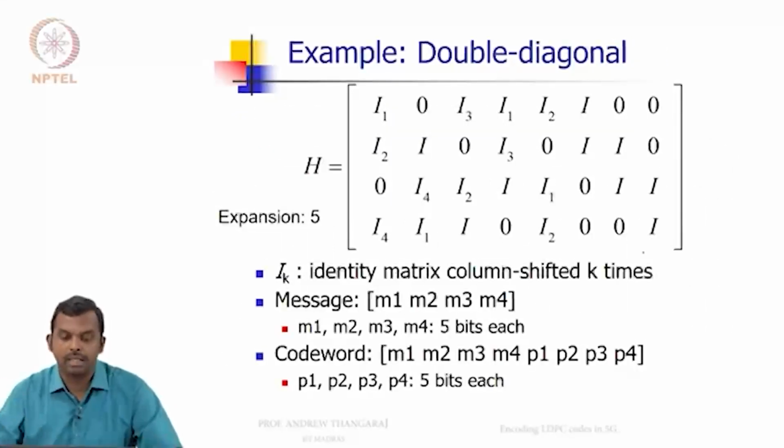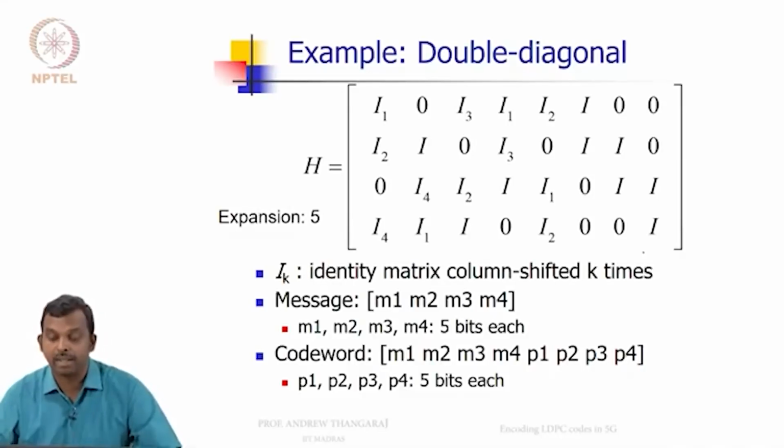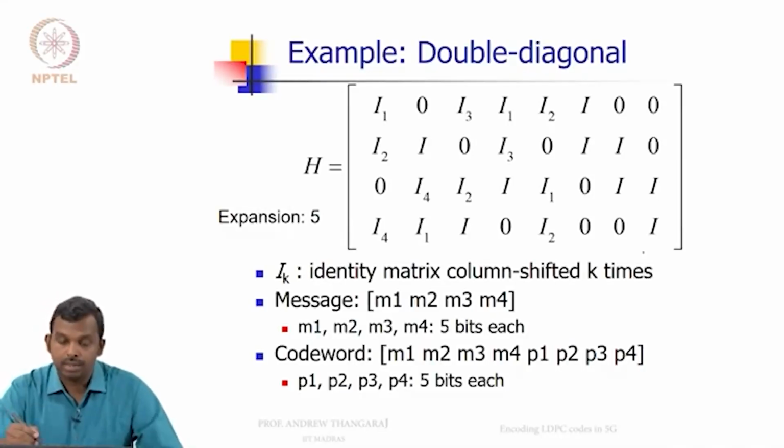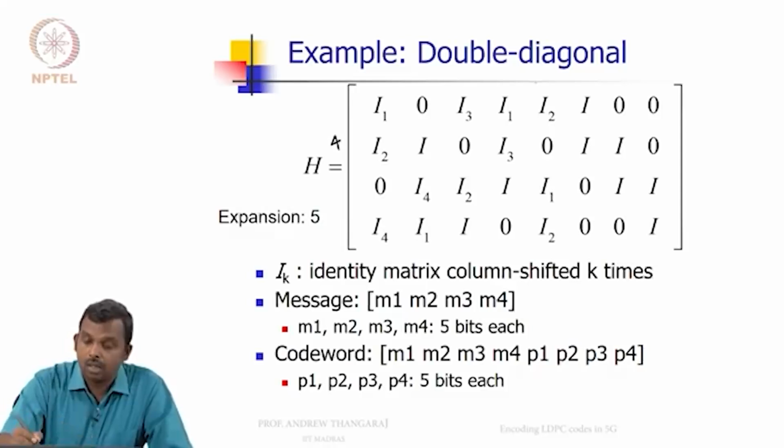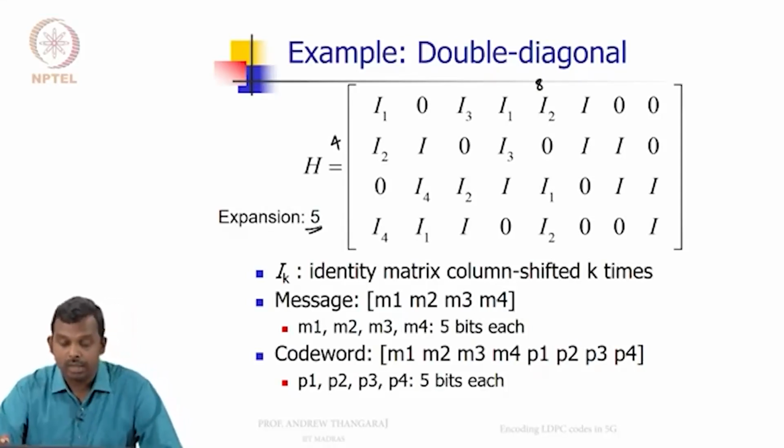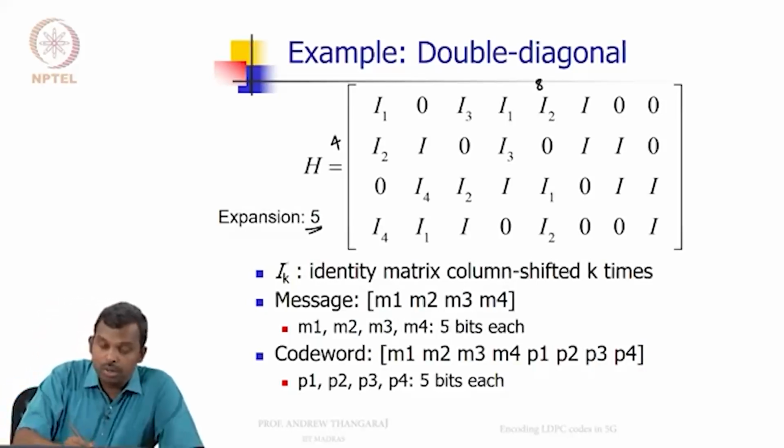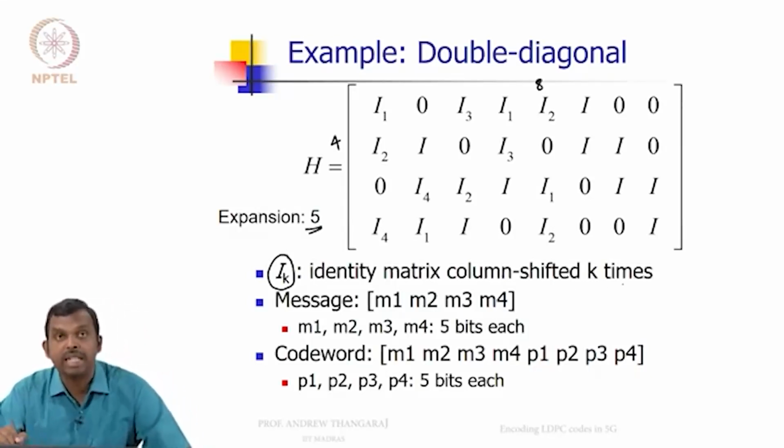Okay. So here's my example to illustrate the double diagonal structure. This is a 4 by 8 block base matrix, and the expansion is 5. I'm using a slightly different, compact notation to capture this. I'm going to use Ik to indicate the identity matrix column shifted k times.